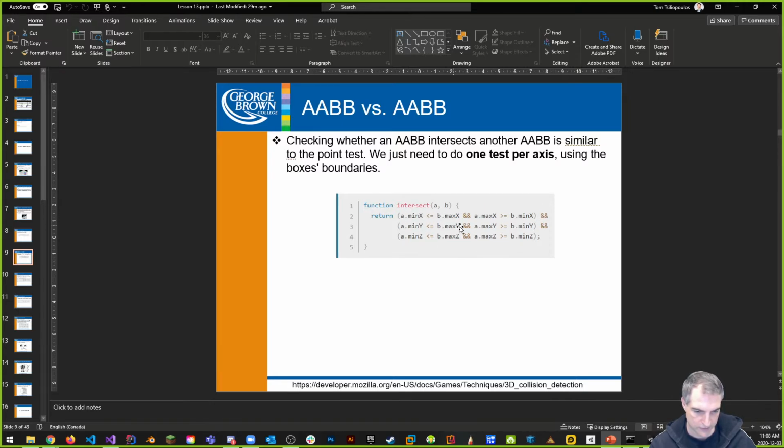Notice that in this case, the boxes have min x, min y. So there's a bunch of different mins, not just a set of mins, a vector 3, but rather the maximum and the minimums on all sides. Okay, so this is kind of something that we want to talk about. So this is the equation we're going to be using today. Okay, at least this one.